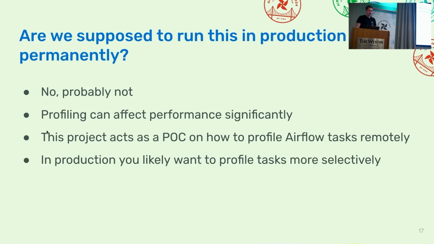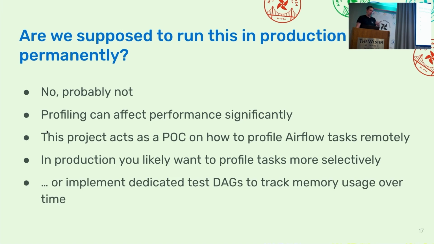In production, you probably want to be able to run tasks more selectively. Like something failed, or you want to rerun a task with profiling on, or you have a dedicated DAG for stuff you actually want to track over time, but probably not your most critical production workload.